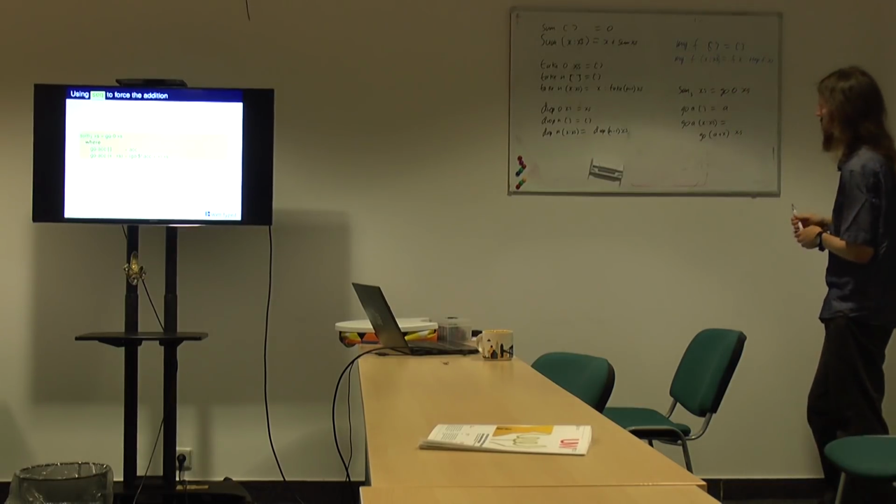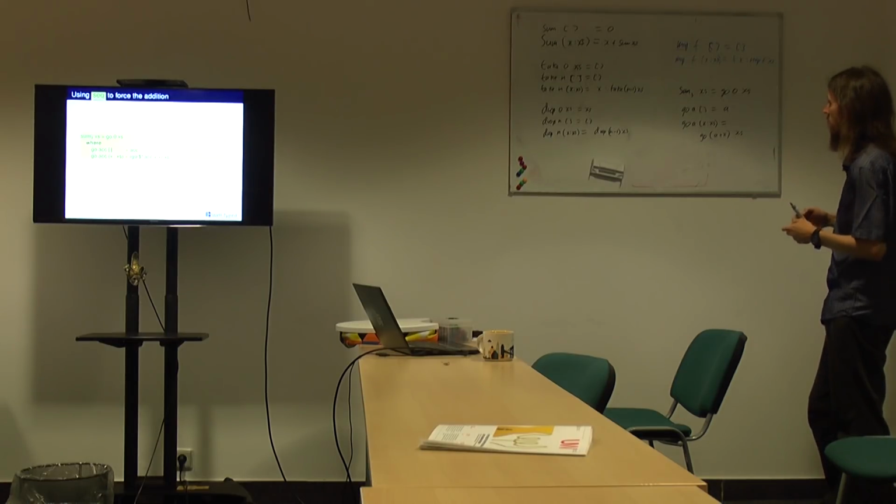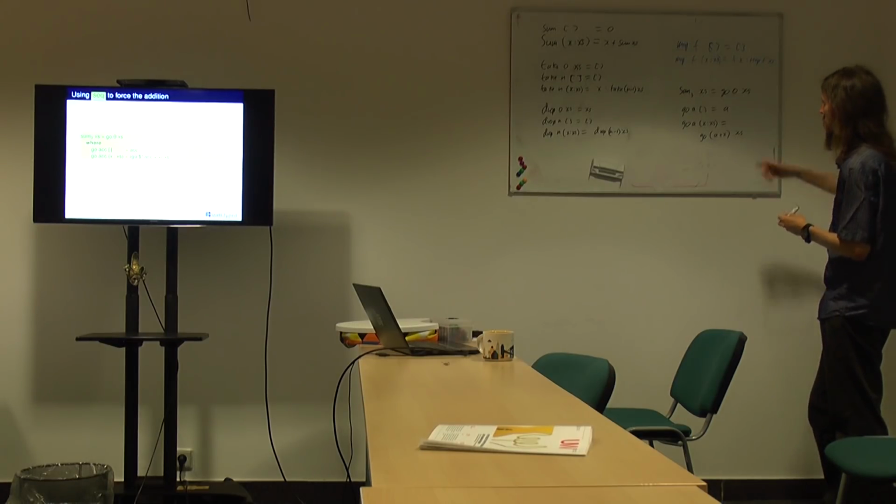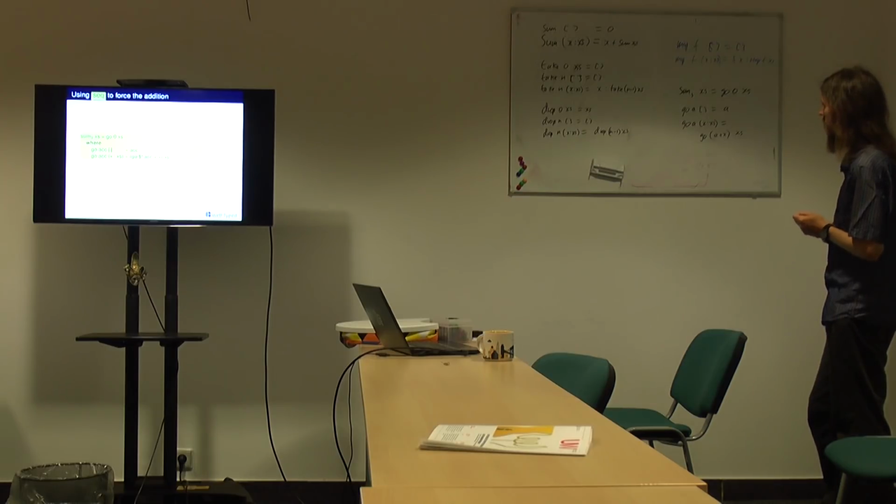That would be the normal accumulator parameter style tail recursive version of sum using this tail recursive helper.